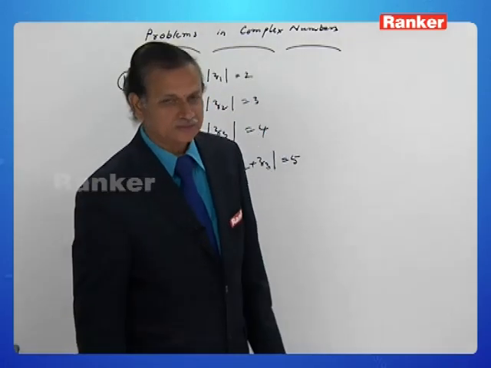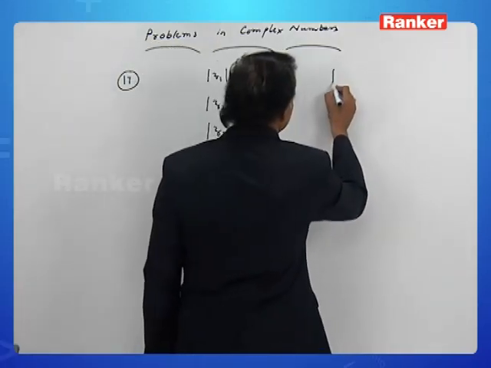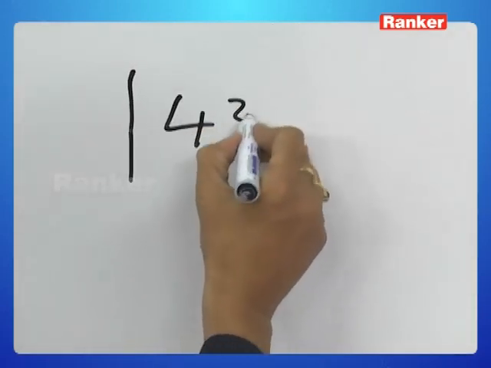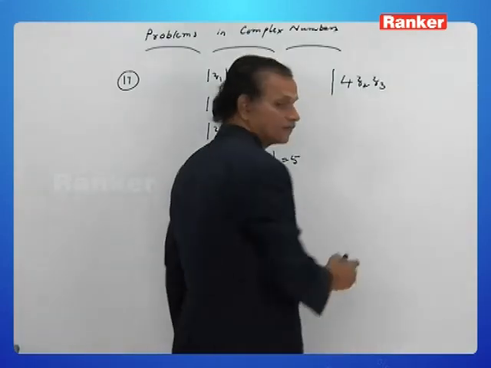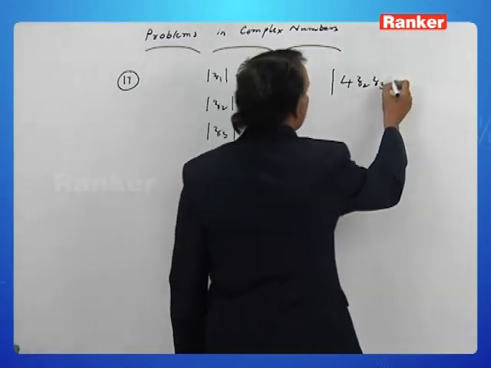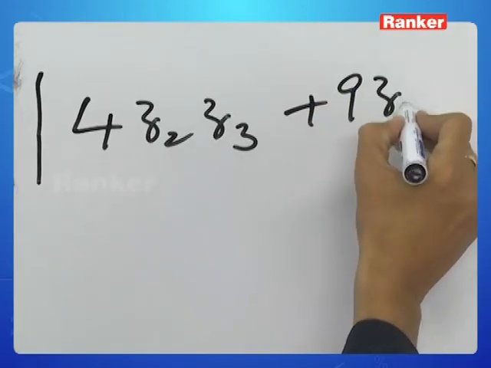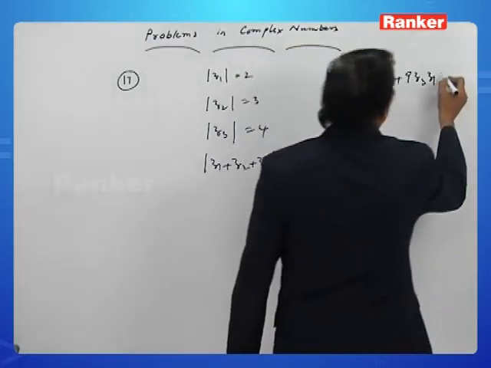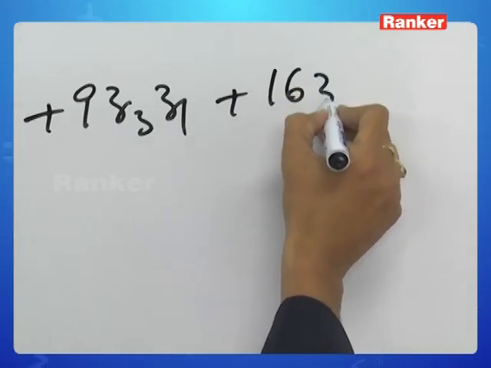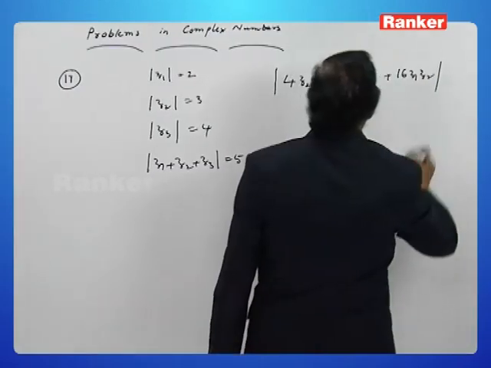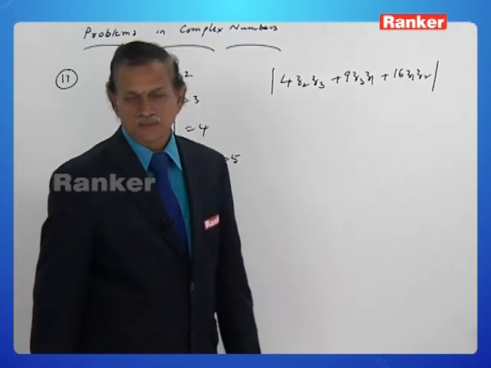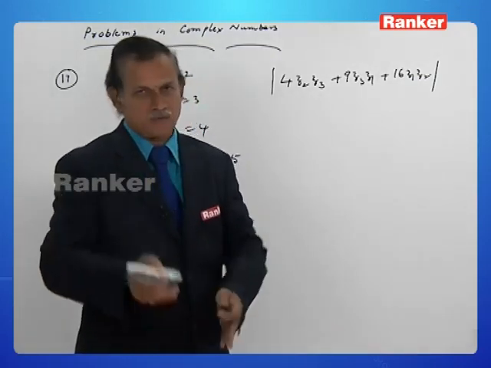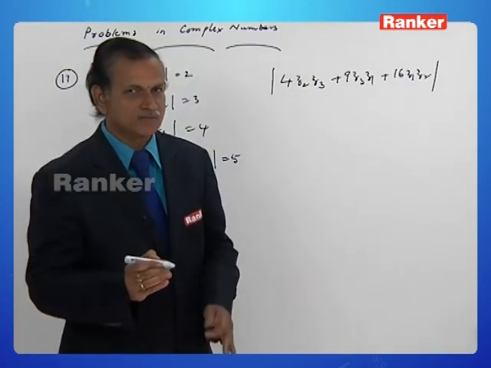Then what is asked? Modulus of 4 Z2 Z3 plus 9 Z3 Z1 plus 16 Z1 Z2. That has been asked.